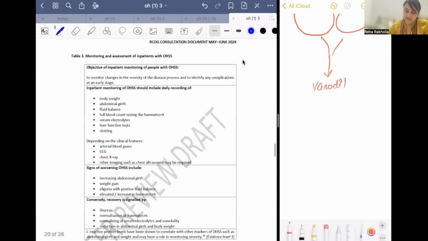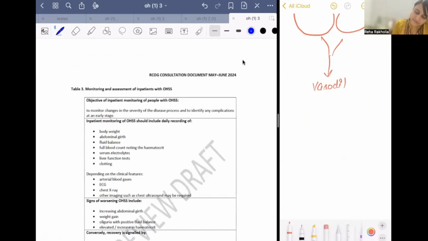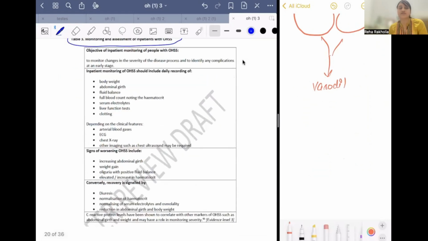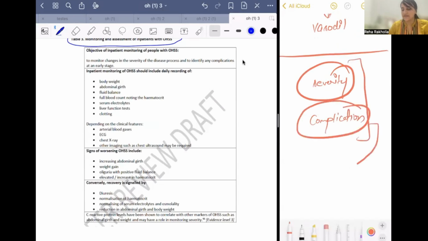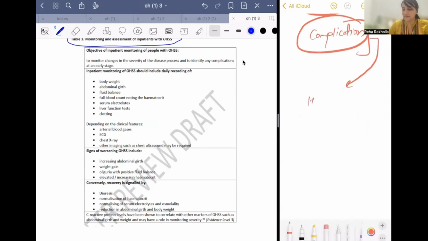Now we'll see monitoring and assessment of inpatients in OHSS. The objective of inpatient monitoring of people with OHSS is to monitor changes in severity of the disease process and to identify any complication at an early stage. Inpatient means those who are hospital admitted.